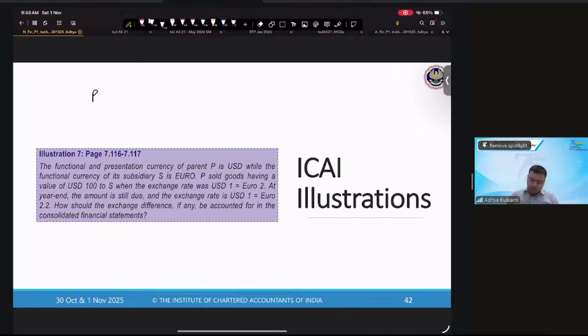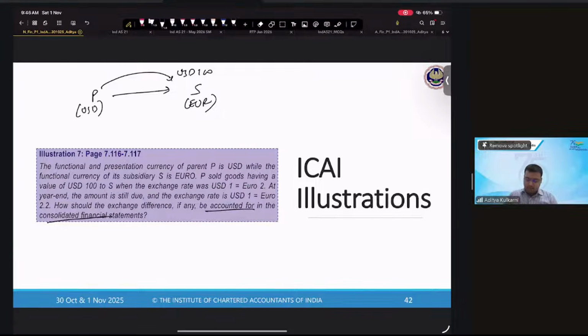P sold goods to S, USD 100. Parent currency is USD and this is euros. At year end, the amount is still due and the exchange rate is $1 equals euro 2.2. How should the exchange difference, if any, be accounted for in the consolidated financial statements?